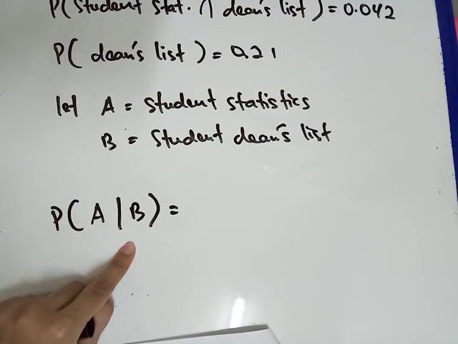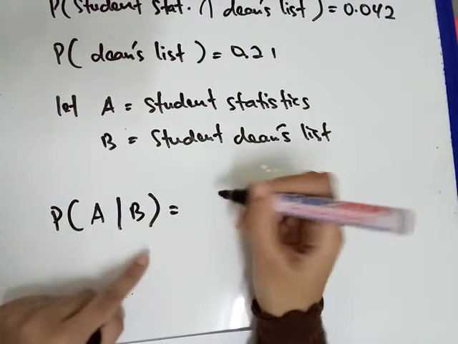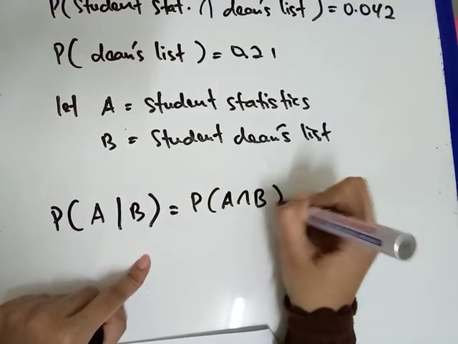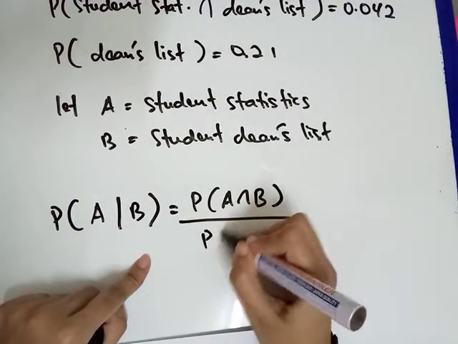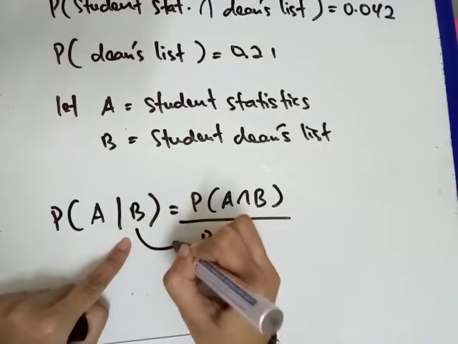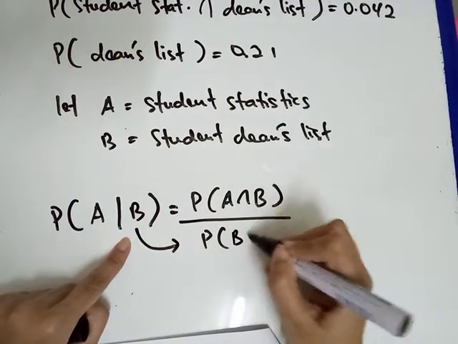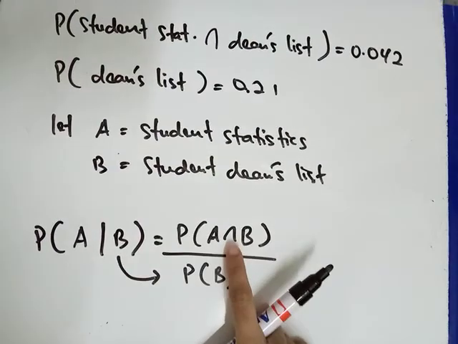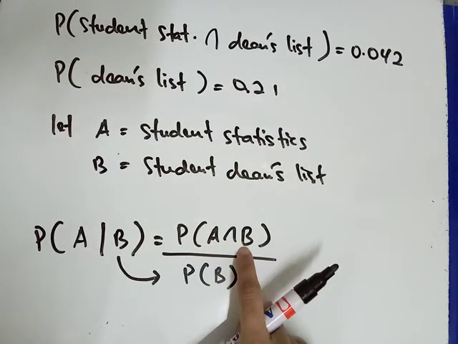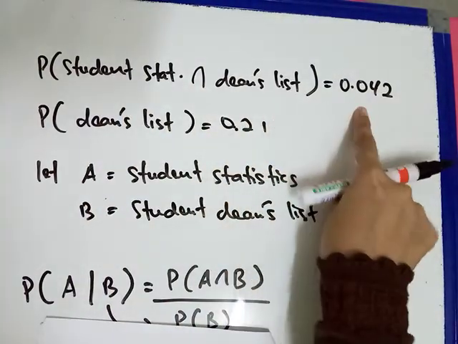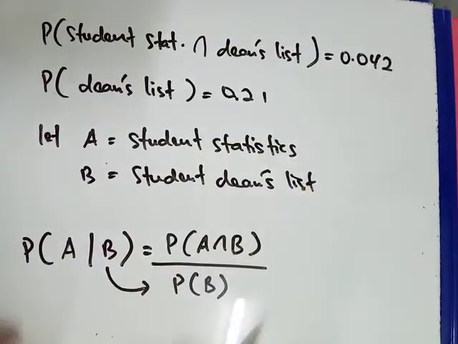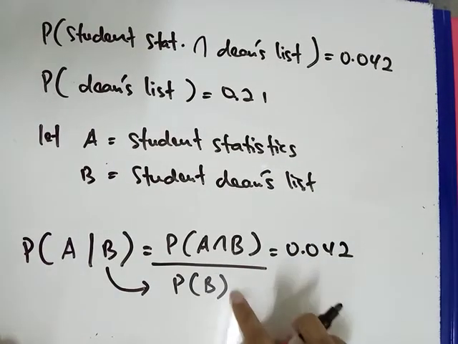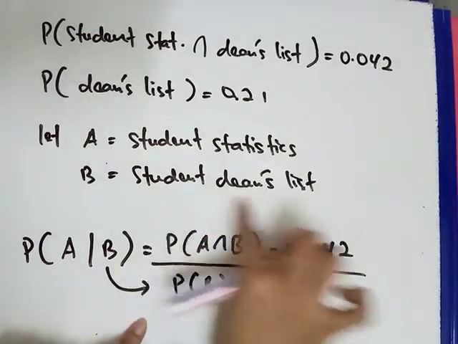Itu soalan yang diminta. Alright, so formula dia probability of A intersect B over probability of yang mana yang duduk belakang, turun bawah, probability of B. Okay, so we know that A intersect B apa dia? Student statistic intersect Dean's list. Yang ni dia dah bagi dah 0.042. 0.042 divide dengan probability of B. B kita tahu student Dean's list, dia dah bagi dah.